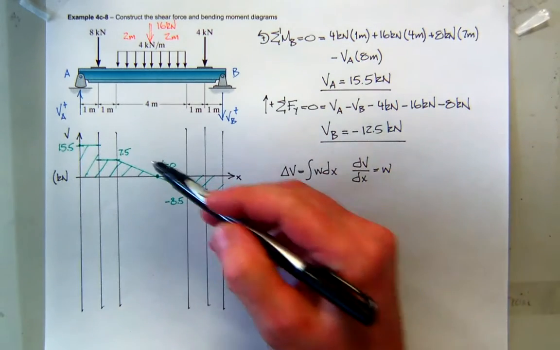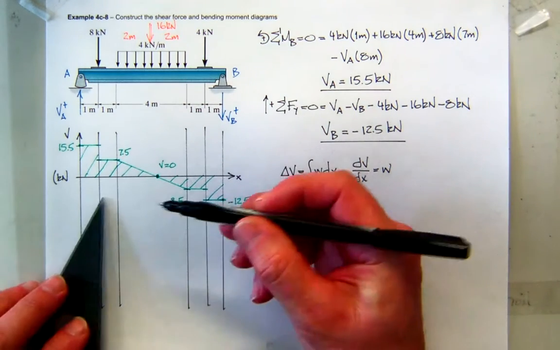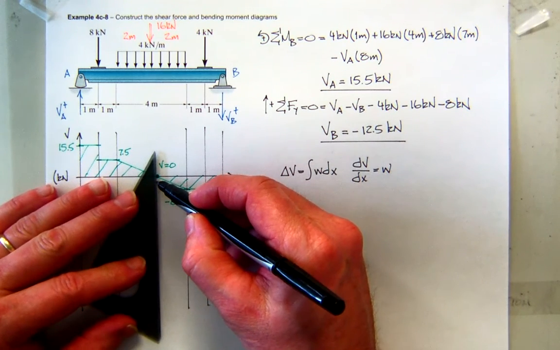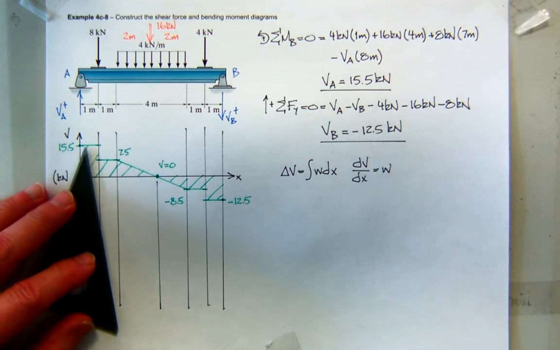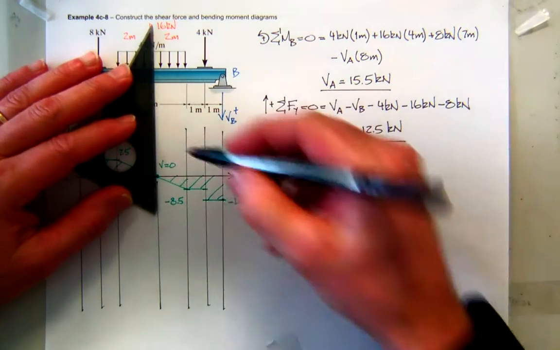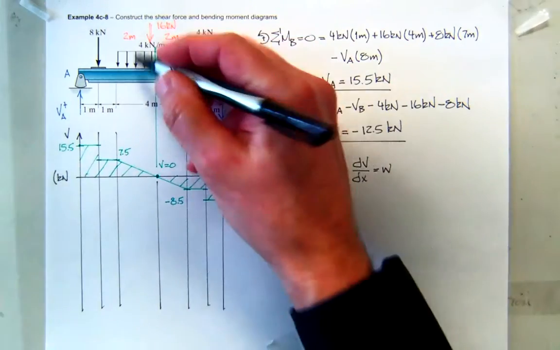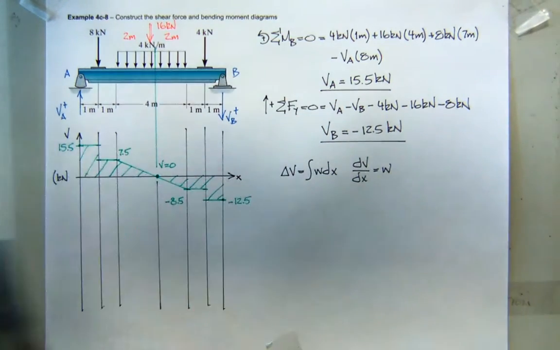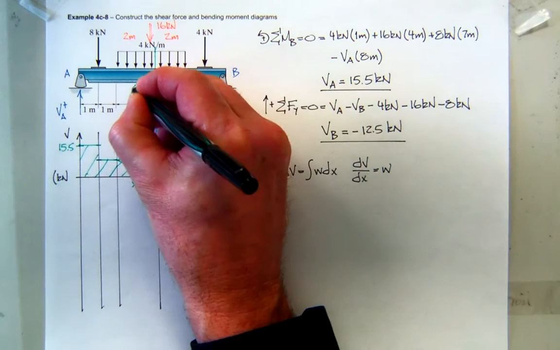But now, since we've got this 0 value for shear, we're going to add that to our diagram, because that's going to come in handy. In fact, if I project that all the way back up to the top, this is the segment that I'm working on. So let's call that X1. This would also be X1.